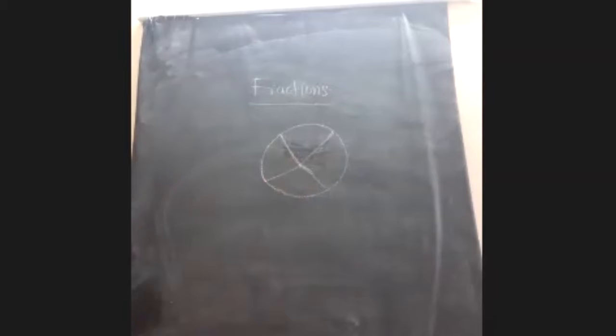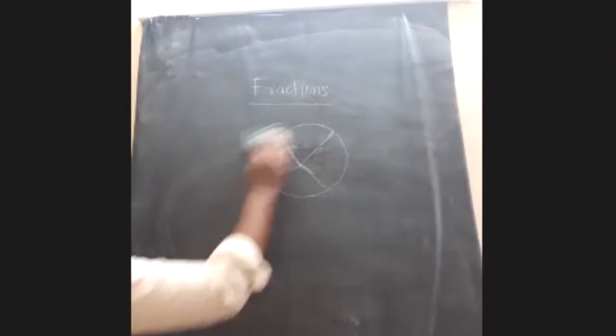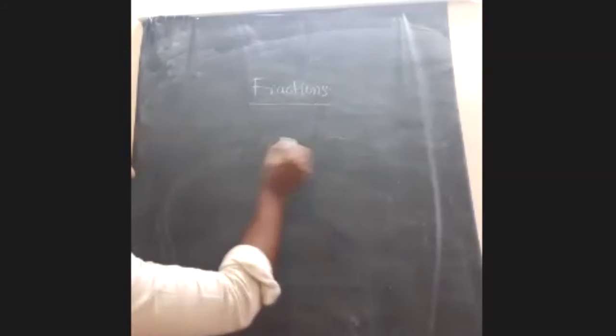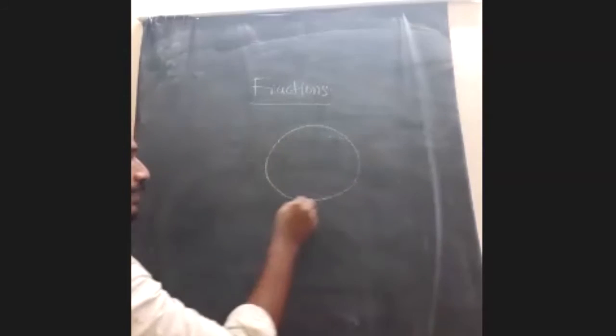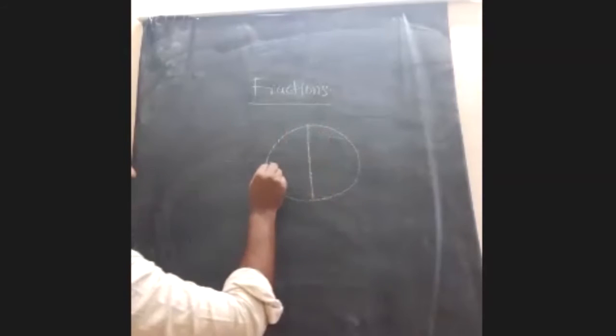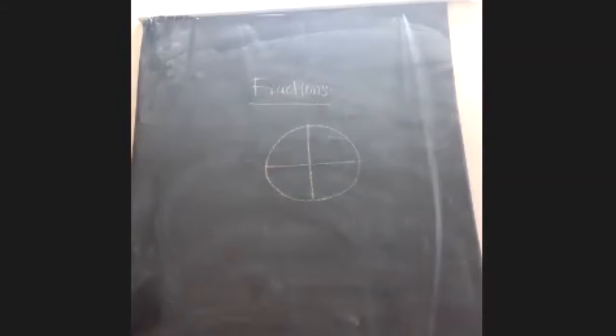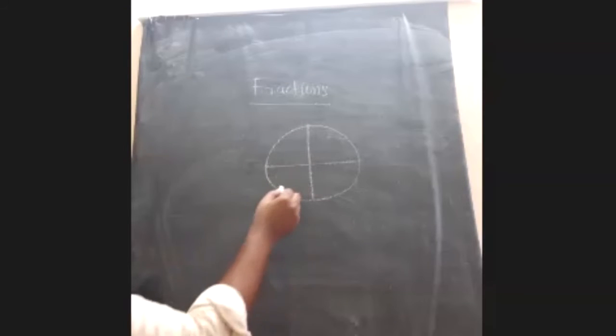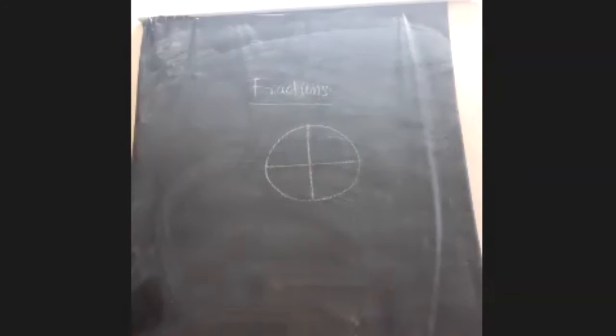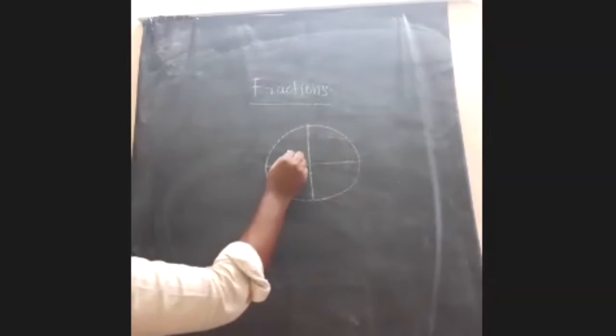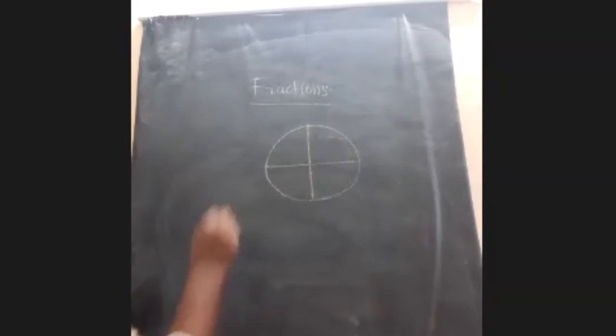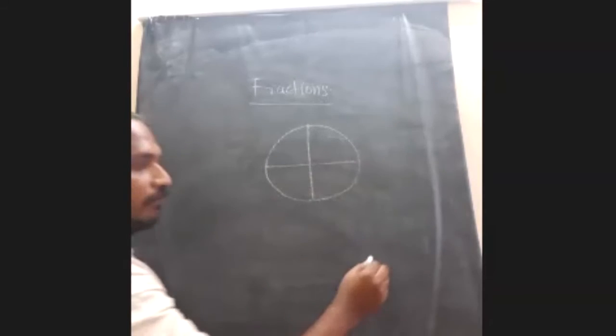Let us consider, actually this is not looking like a pizza. I was trying to draw a pizza, but anyhow, let me draw a circle. In a circle, we can divide into any number of parts, but here I just divided into 4 parts. 1, 2, 3, 4. So totally we have 4 parts.